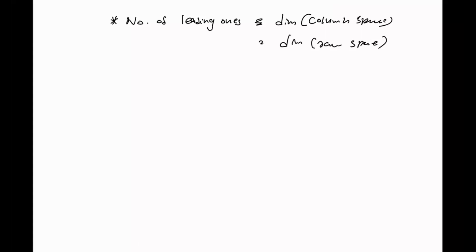Okay, so you can perform the Gaussian elimination, count the number of leading ones, and get the dimension of the column space.